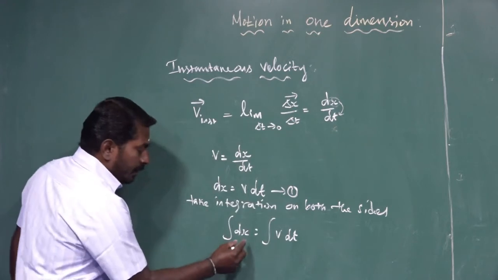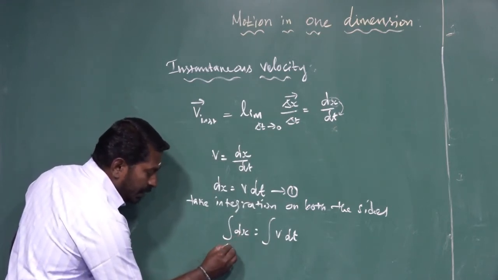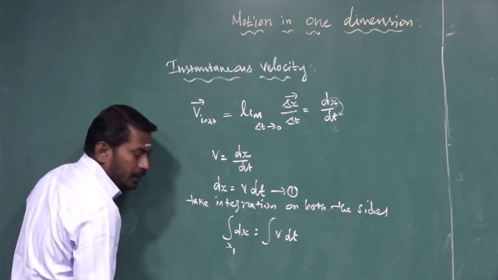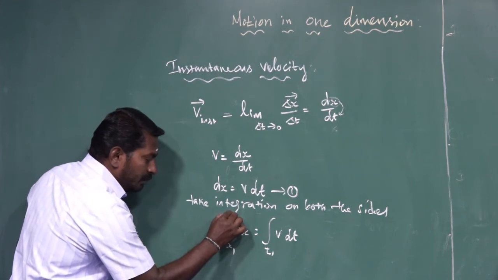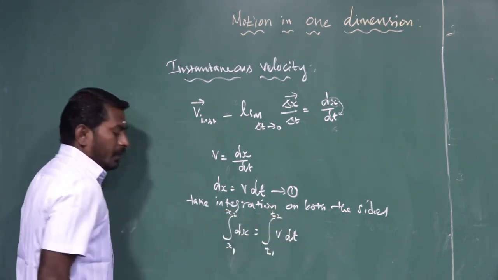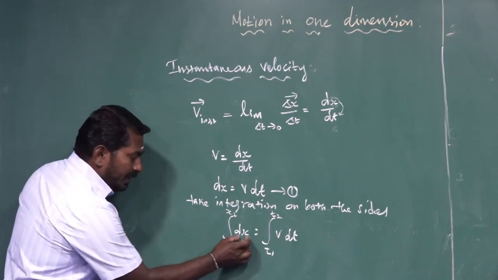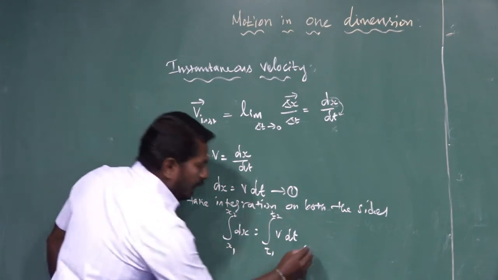See, dx: position of an object initially x1 at that instant of time t1. Next, position of an object finally x2 at that instant of time t2. Here, displacement varies with respect to time. Equation number 2.